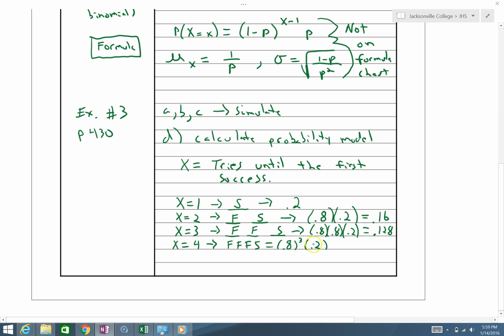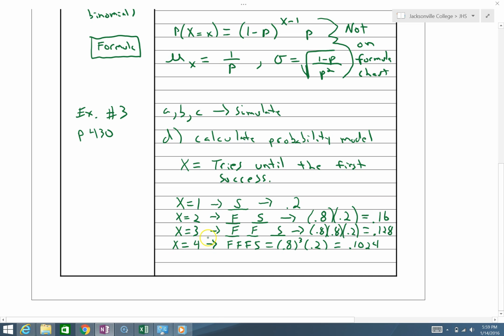Fail, fail, fail, succeed. And this value is just 80% of that previous number. And that is 0.1024.